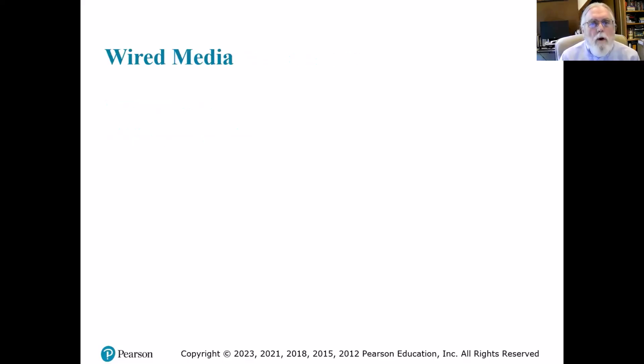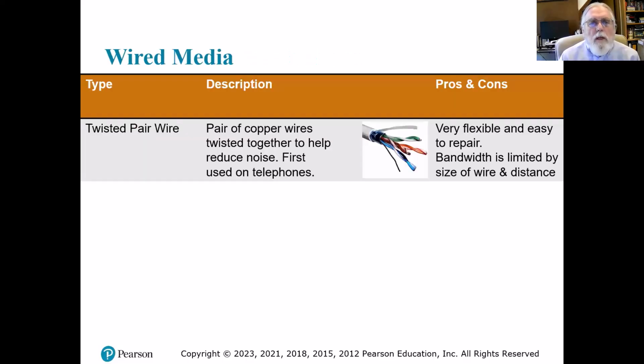When we're talking about wires, the first thing is what's called twisted pair. This is where you take some copper wires and twist them together, and you do that because when the wires are twisted together, it tends to cancel out some of the noise introduced from any electronic devices nearby that can generate EMI, electromagnetic interference.